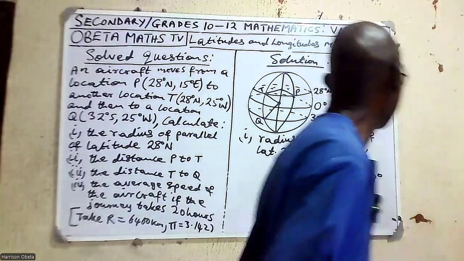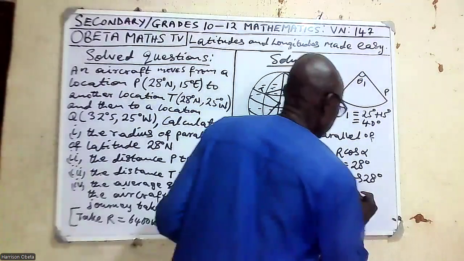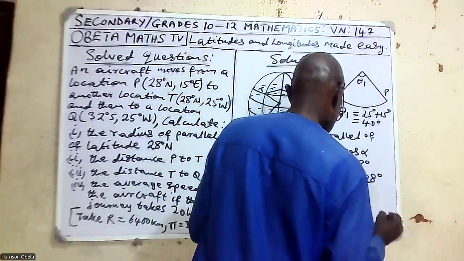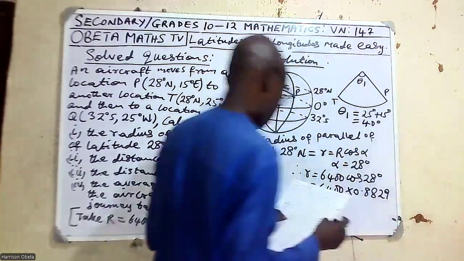Checking our calculator, we have 0.8829.